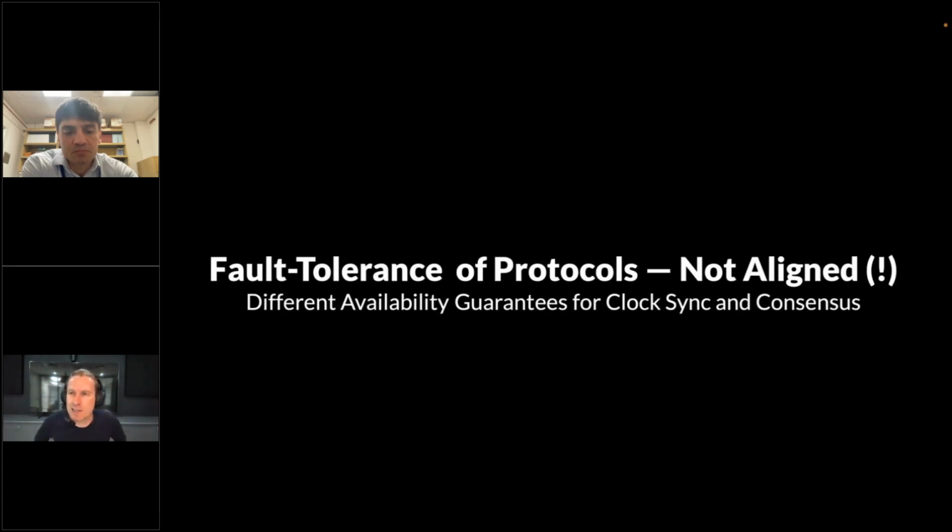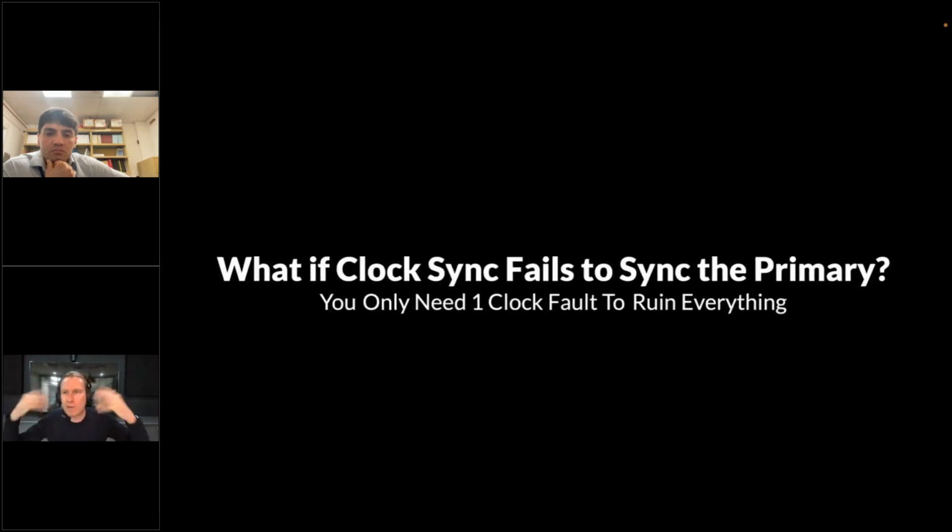Both fields are massive fields. But the problem is consensus is trusting but not verifying. And so consensus is only thinking about network faults but not about clock faults. And yet the business logic on top of the consensus is depending on these things. So this is the problem: what if the clock sync fails, even just to sync the primary, just one machine?